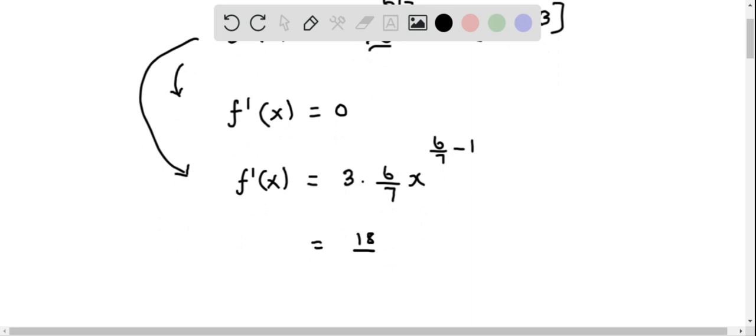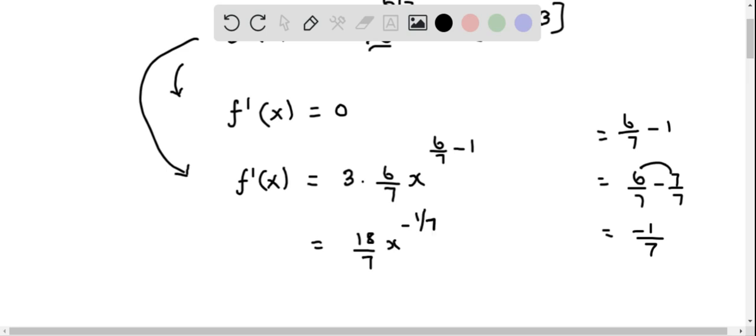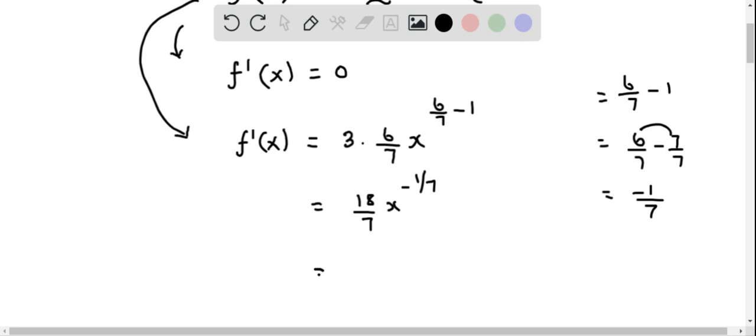I write this as 18 over 7 x raised to the power of 6 by 7 minus 1, and this equals 6 by 7 minus 7 by 7. So it is 6 minus 7 is negative 1 by 7. So it is basically negative 1 by 7, and we can write this in terms of positive powers of x. So I write this as 18 over 7x power 1 by 7, that is positive 1 by 7.